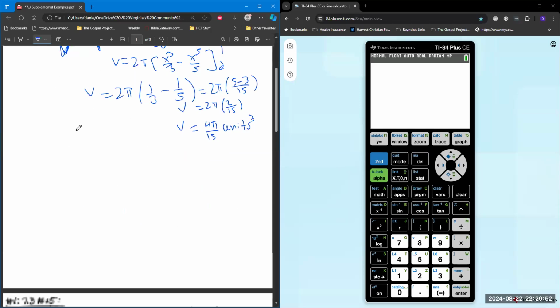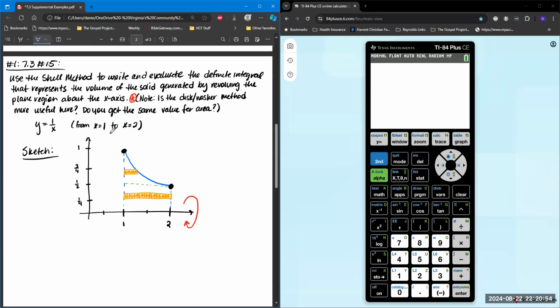All right. Next question here, use the shell method to write and evaluate the definite integral that represents the volume of the solid generated by revolving the plane region about the x-axis. Picture included here. Note, is the disk/washer method more useful here? Absolutely, because we could have perpendicular rectangles and only have one function and not have to do two integrals.